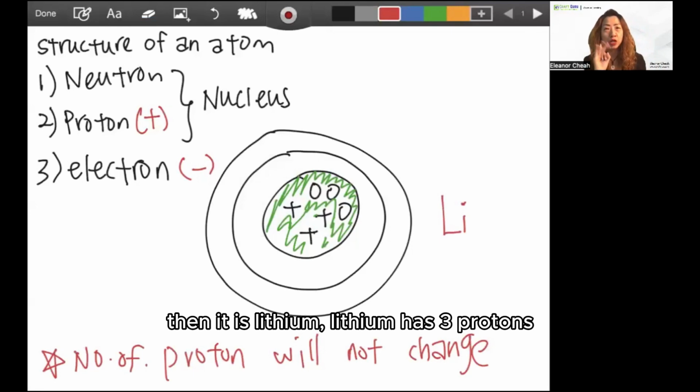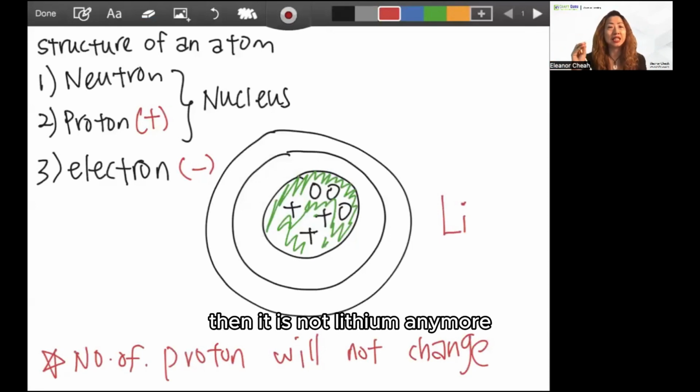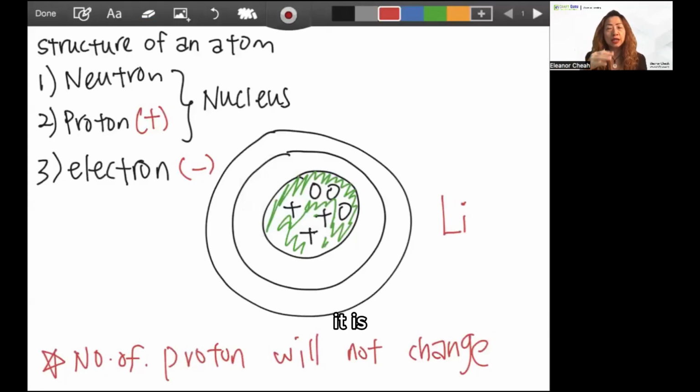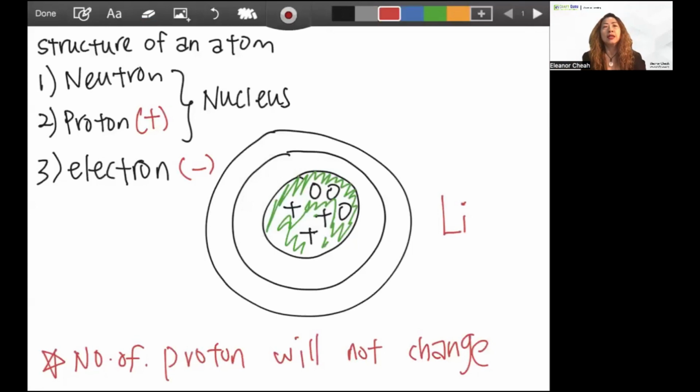Lithium has got 3 protons. If you force to remove 1 proton from this nucleus, then it is not lithium anymore, it became helium. So the number of protons of an element will not change. It is as good as representing the identity of that element.